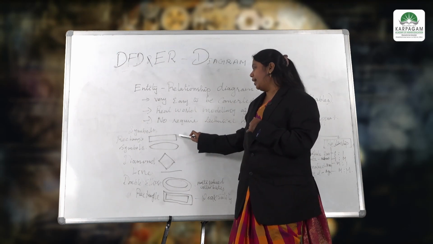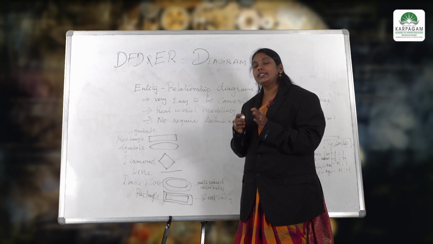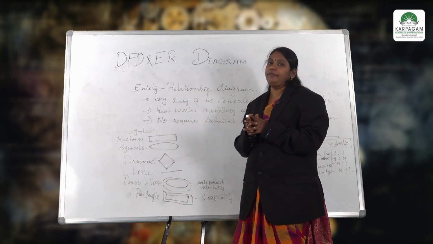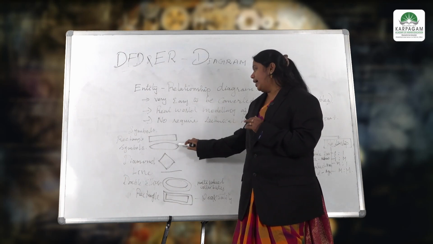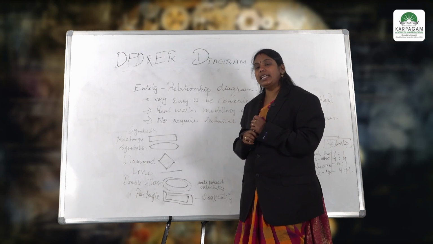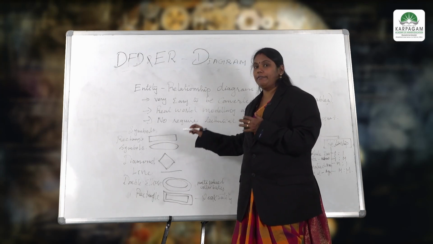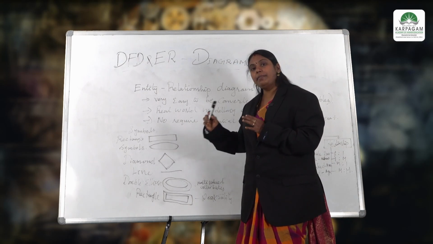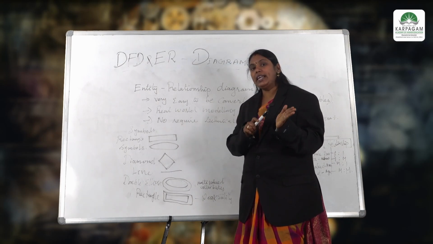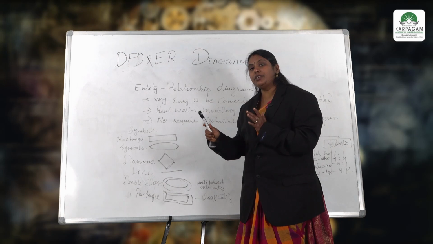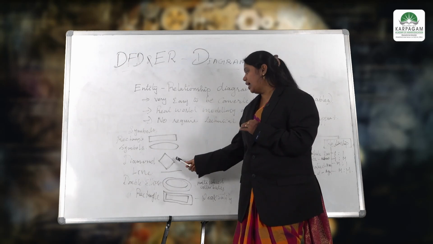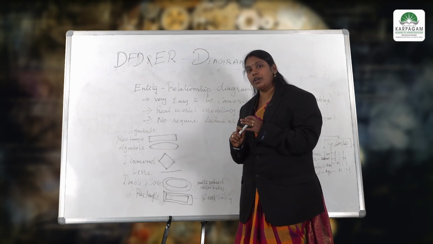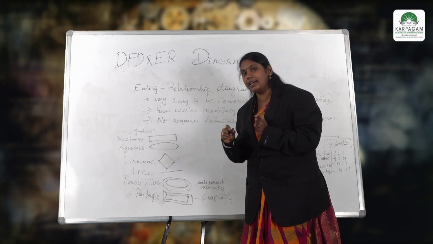For example, with the rectangle, we set the entity of every rectangle. Then the ellipse shape represents the processing of every rectangle table. Then the diamond shape represents how one table is related to another table. It also represents how the data are shared.